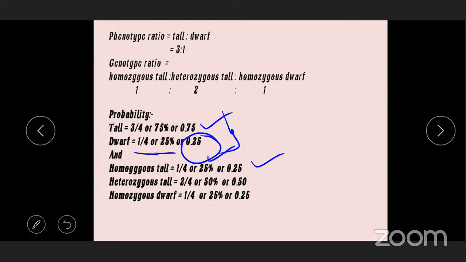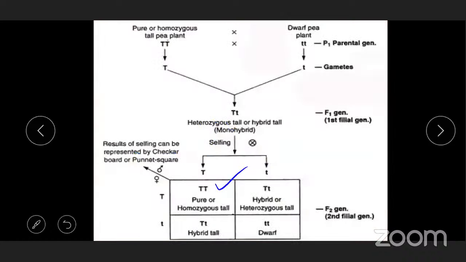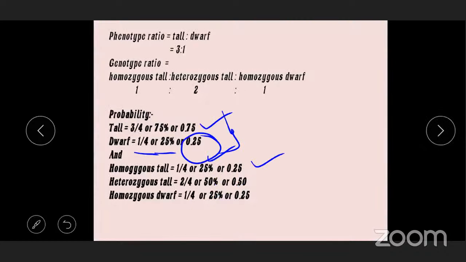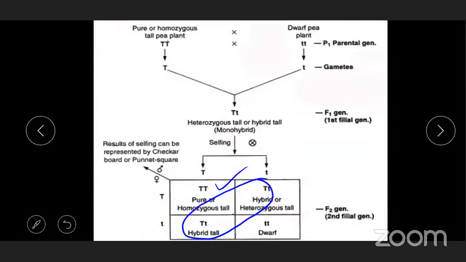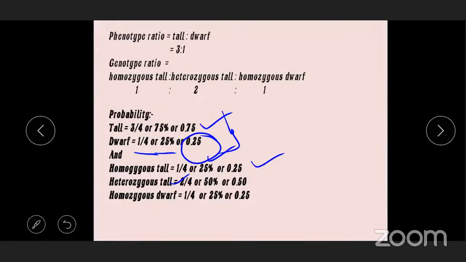Let us take heterozygous tall. Out of 4, how many heterozygous tall here? Yes, 2. That is why 2 by 4. So in 100%, how much of heterozygous tall here? Yes, 50%. Very good, 50%. That is nothing but 0.50.